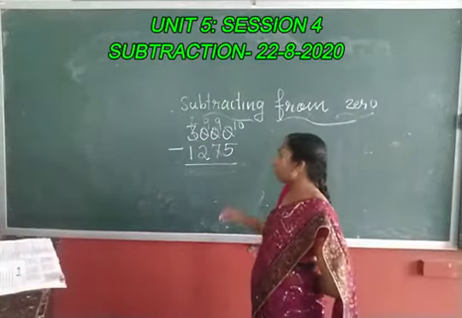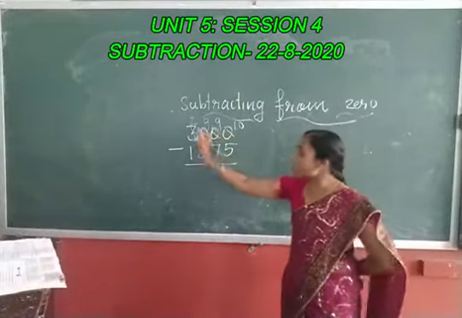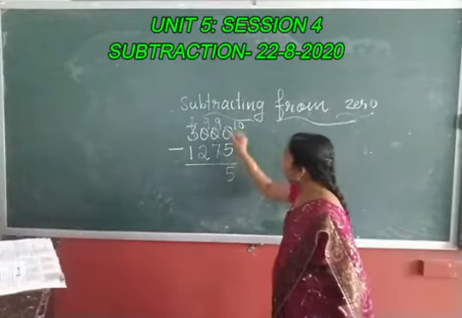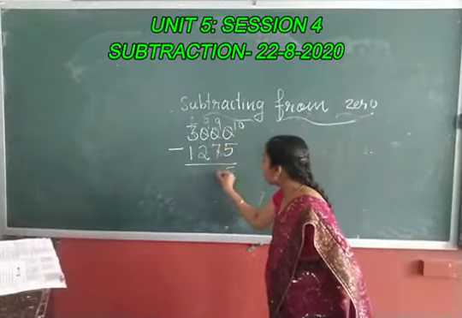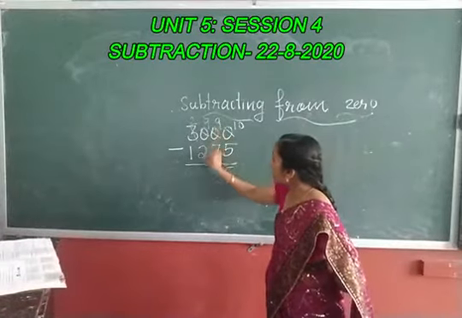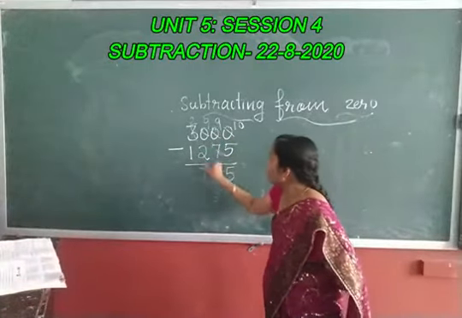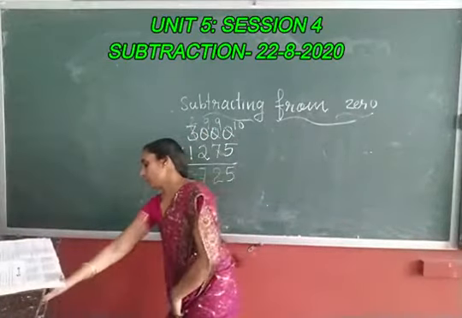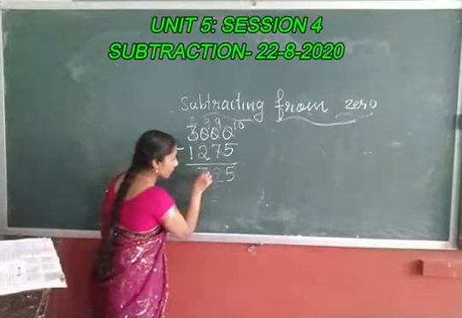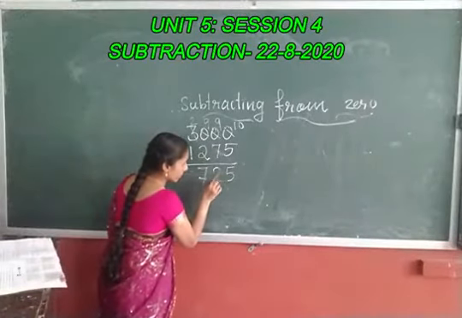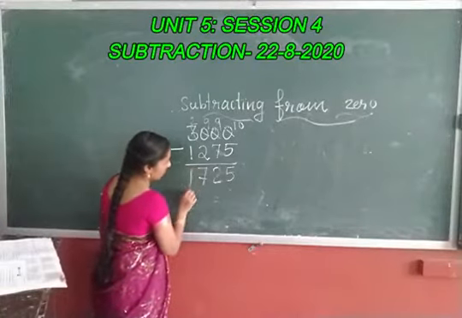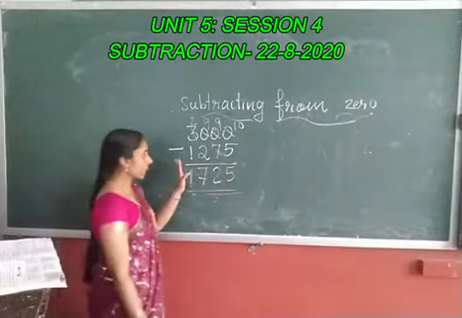Then we do the normal subtraction. 10 minus 5, 5. 9 minus 7, 2. 9 minus 2, 7. And 2 minus 1, 1. Let us check. How can we check?